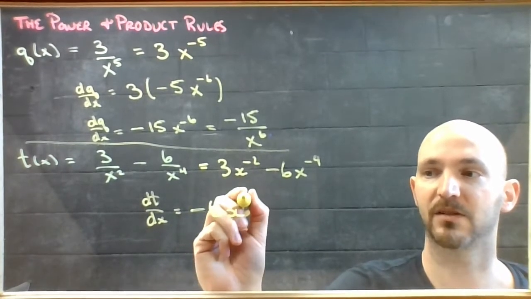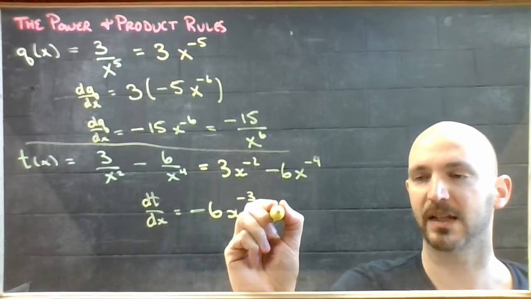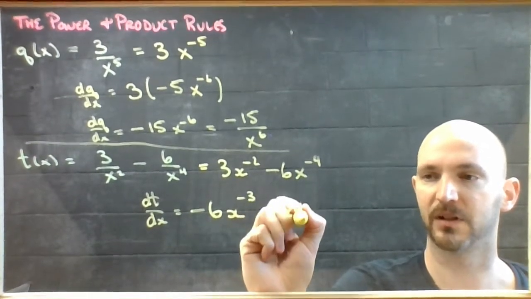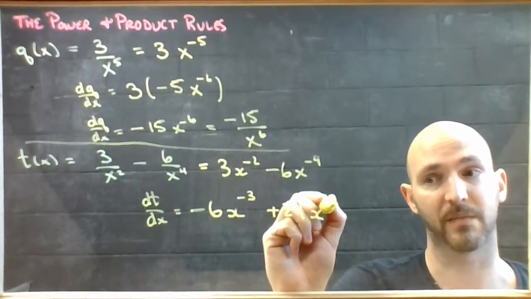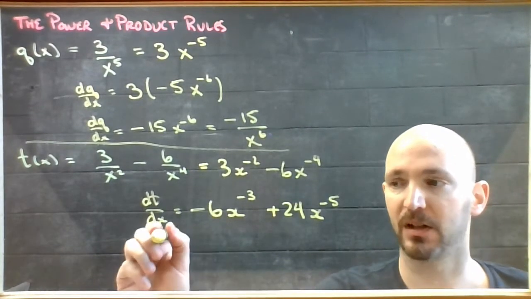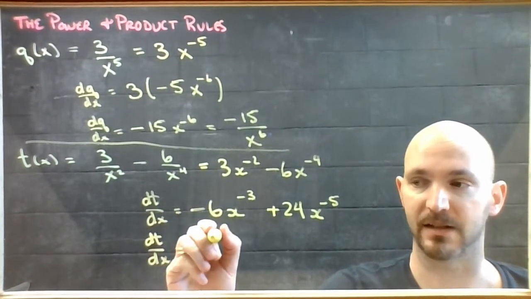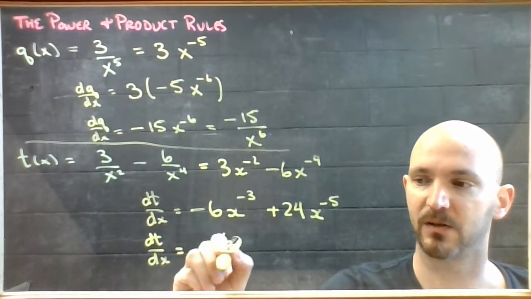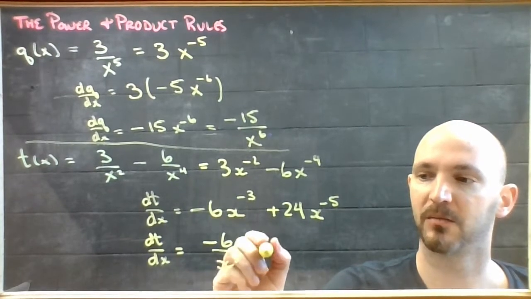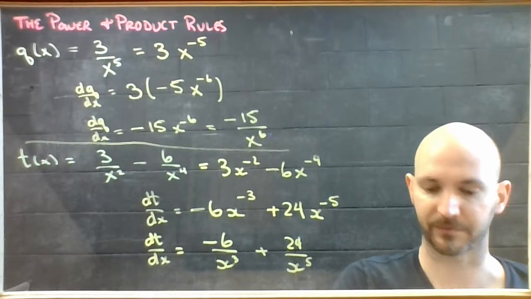Keep the x, drop the exponent by 1. Negative 4 times negative 6 is positive 24. Keep the x, drop the exponent by 1, and we're done. If you feel so inclined, you can put it back into fraction notation, but it isn't necessary. Negative 6 over x cubed plus 24 over x to the 5.